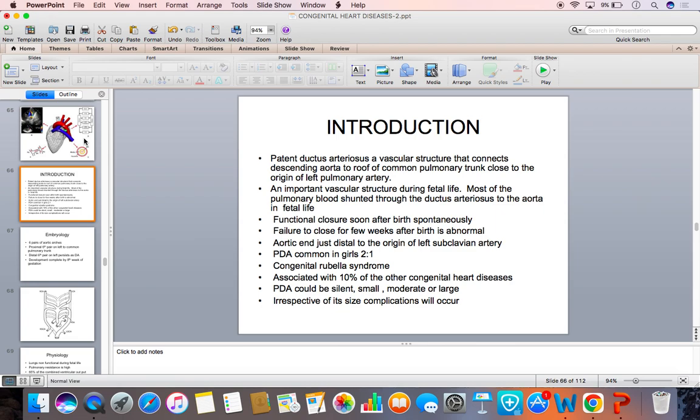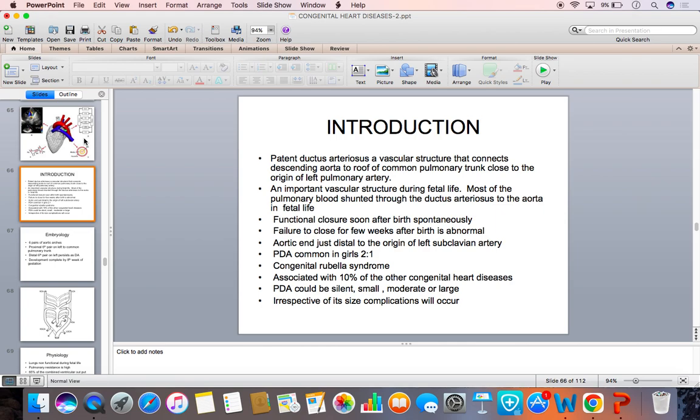Patent ductus arteriosus is a vascular structure that connects the descending aorta to the roof of the common pulmonary trunk close to the origin of the left pulmonary artery. An important vascular structure during fetal life, as I mentioned already. Most of the pulmonary blood is shunted through the ductus arteriosus into the aorta in fetal life, to get the deoxygenated blood reoxygenated in the placenta, as the lungs in the fetal life are non-functional.